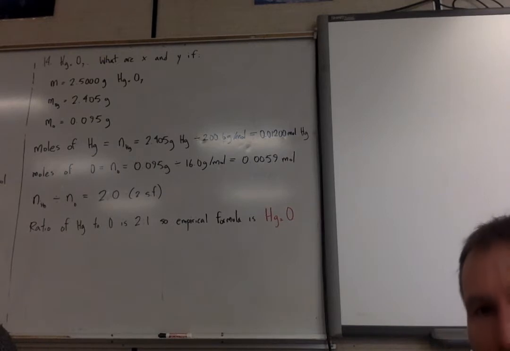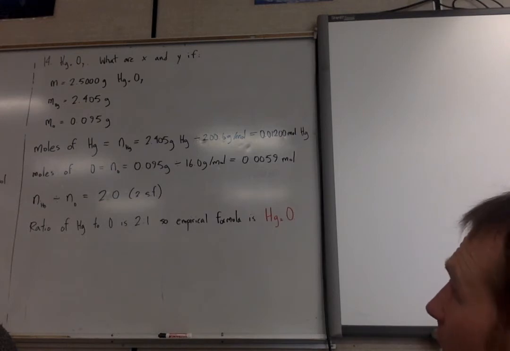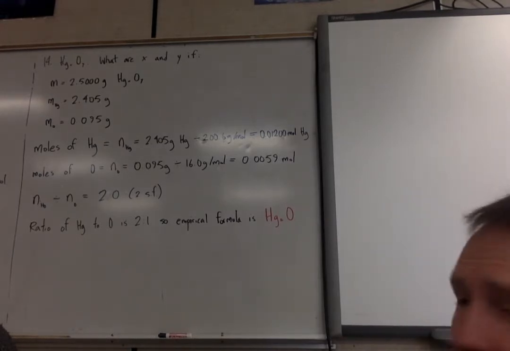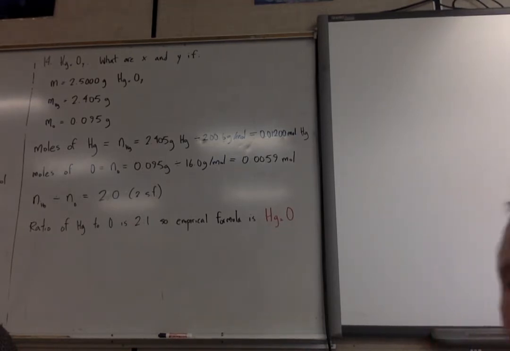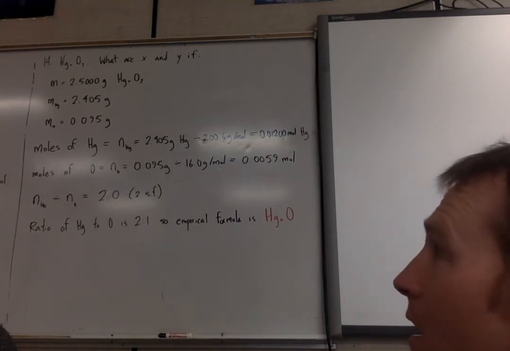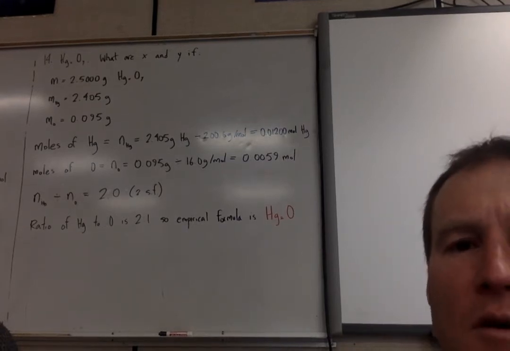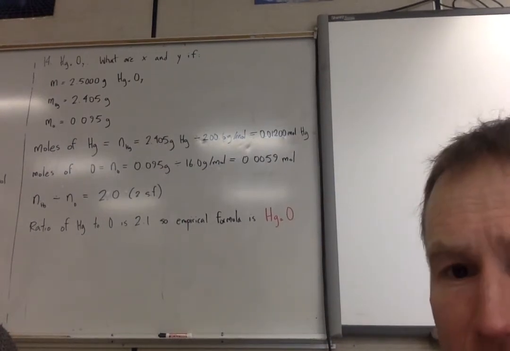We are told we have a mass of this substance of 2.5000 grams. Someone had a very accurate scale. We're told that we have 2.405 grams of mercury that is released when we decompose this substance. We break it down. From this, we can figure out that we have 0.095 grams of oxygen.